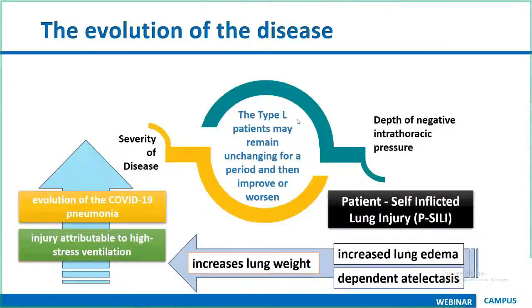So when ventilating this L group of patients, you should try to avoid patient self-inflicted lung injury. That can again produce lung edema, dependent atelectasis, increasing lung weight, injury attributable to high stress ventilation, and more evolution of COVID-19 pneumonia. So the change from L to H is possible.